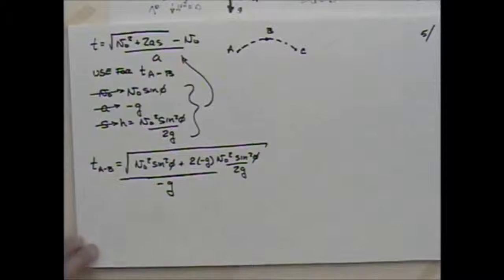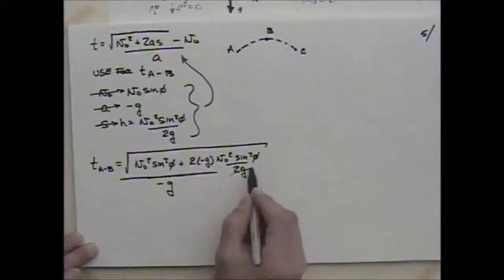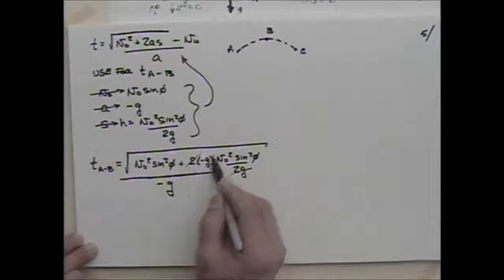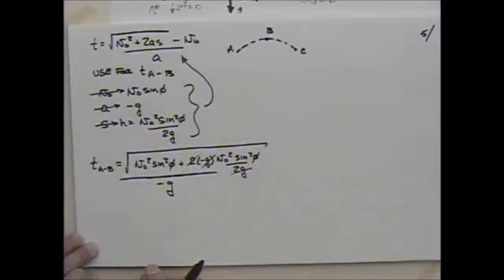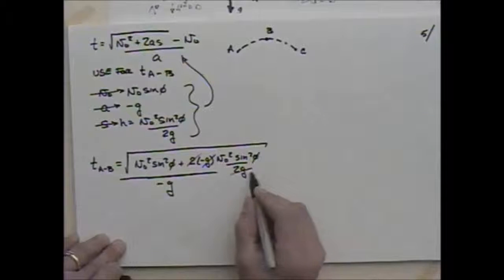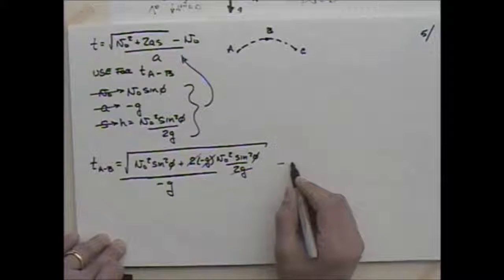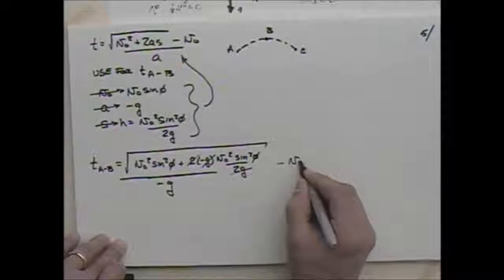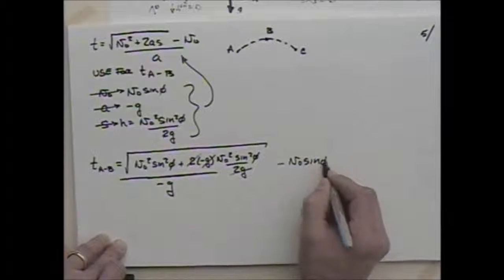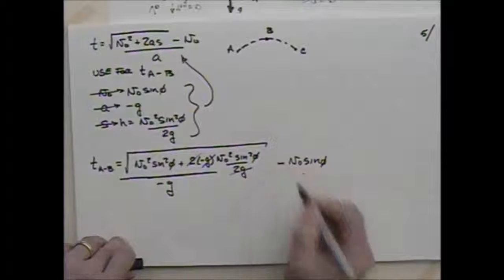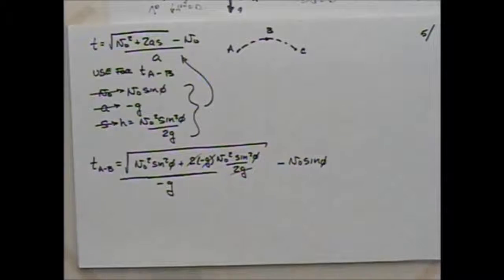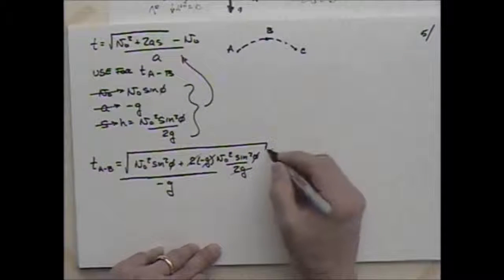So if I look in the radical, I get to cancel this with everything here except for the negative sign, right? Oh yeah, thank you. So minus v naught, which is what? V naught sine phi. Good. Okay. Thank you. I almost forgot that.